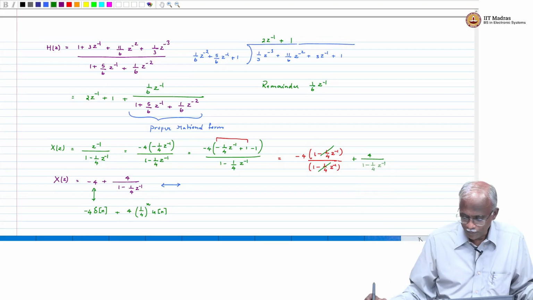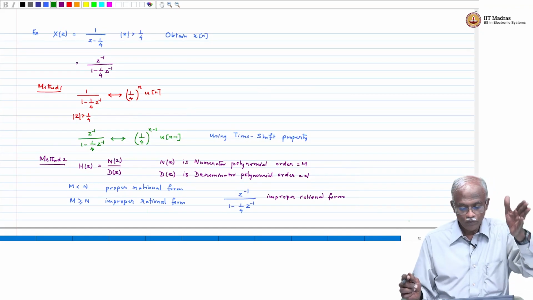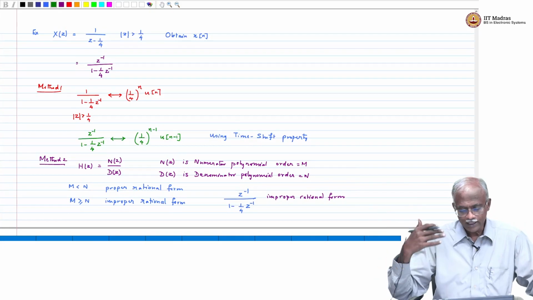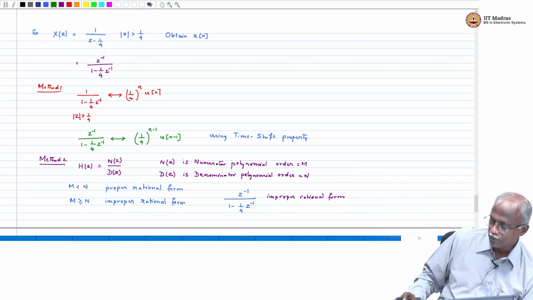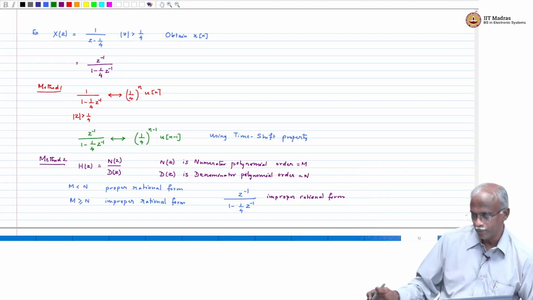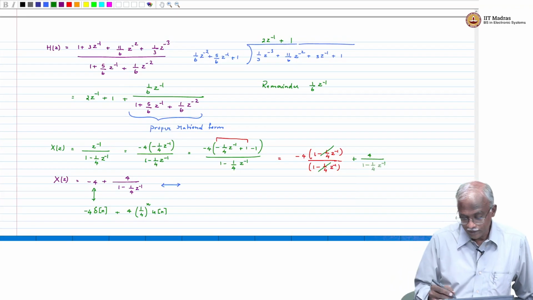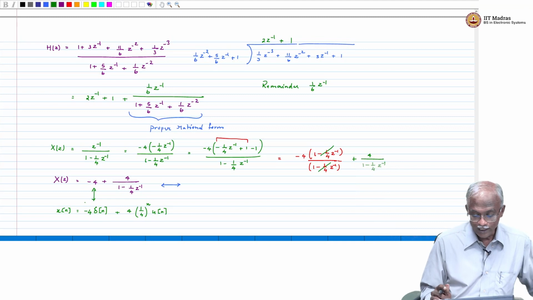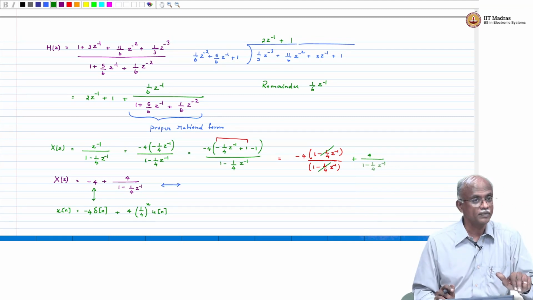So notice that we have obtained the inverse Z transform in two ways. The first one was directly using the time shift property. The second one is converting it into a proper rational form and then computing the inverse, again using the properties that we know. So now you may wonder, are these two the same, the two expressions? Since you had the same x of z, same ROC, they have to be the same, the two x of n.